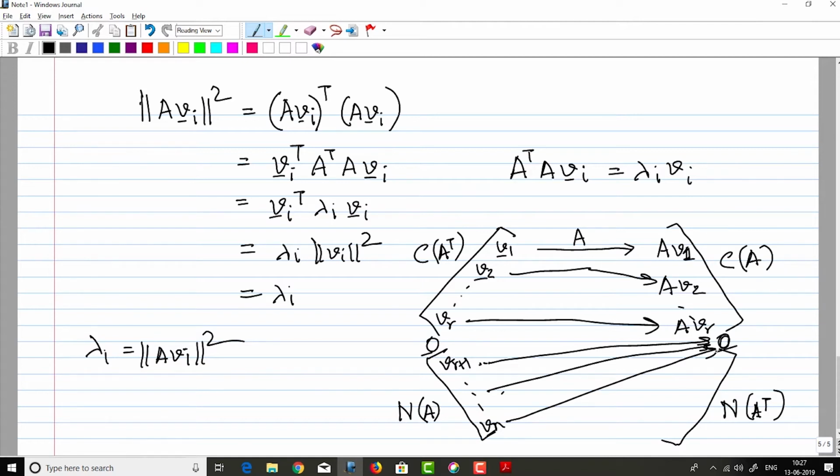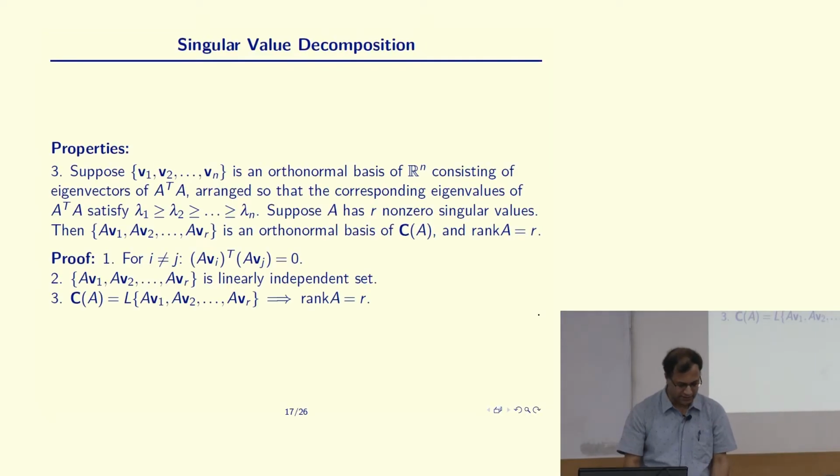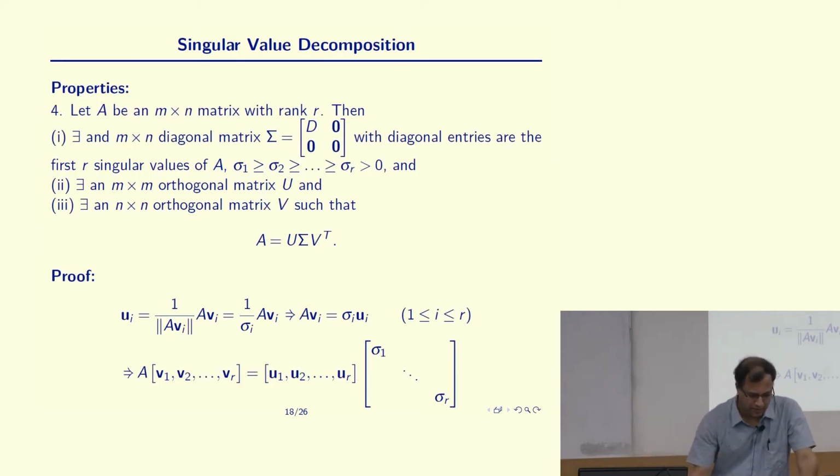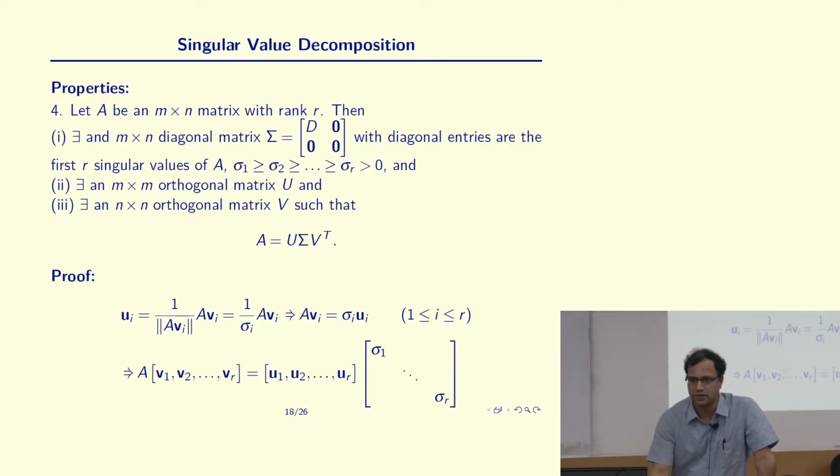We now want to express these AVis using some formula, which will give us the singular value decomposition. Let's see the next and final property for the singular value decomposition.